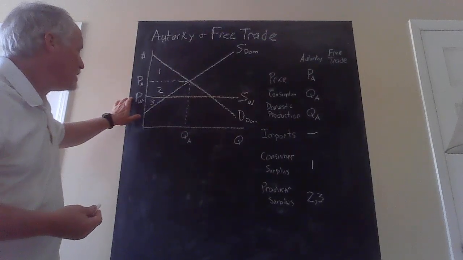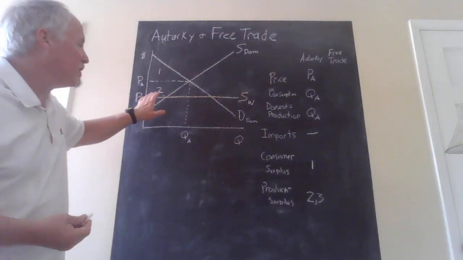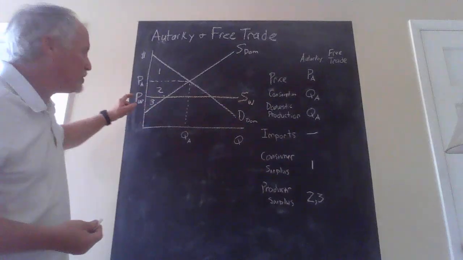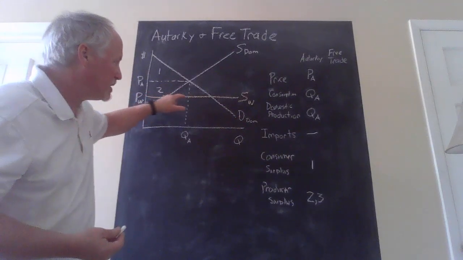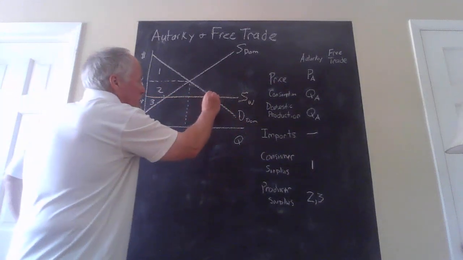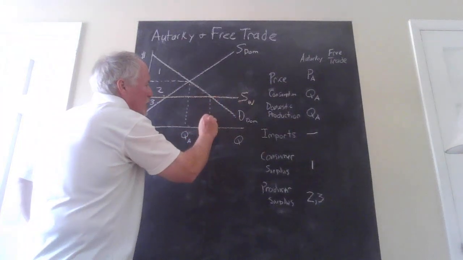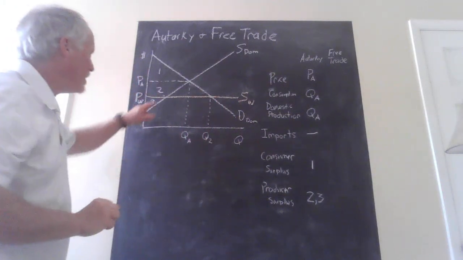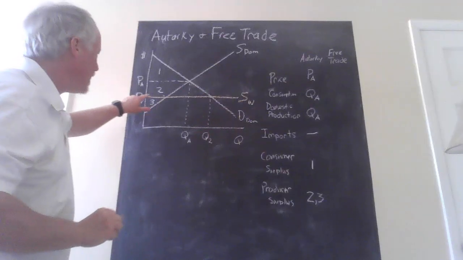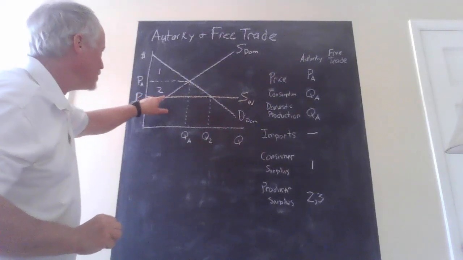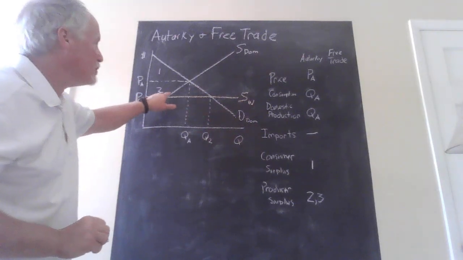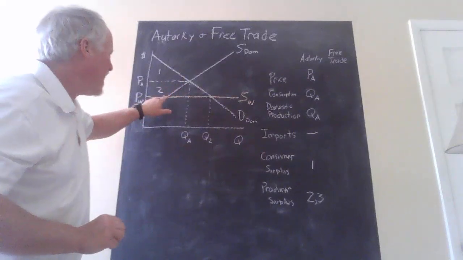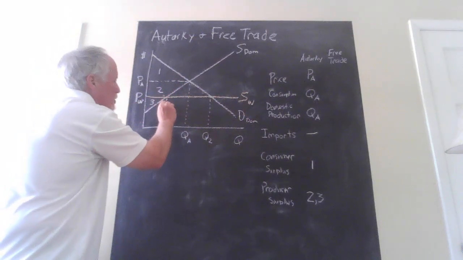Now, that's the price. So now we have to figure out how much consumers would buy. Well, we would just take this price over to the domestic demand curve, and they intersect here, and we'll come down here, and I'll call that Q2. And over here, to figure out how much the suppliers will supply, we take the PW over to the domestic supply curve, and this is the quantity. We'll call this Q1.